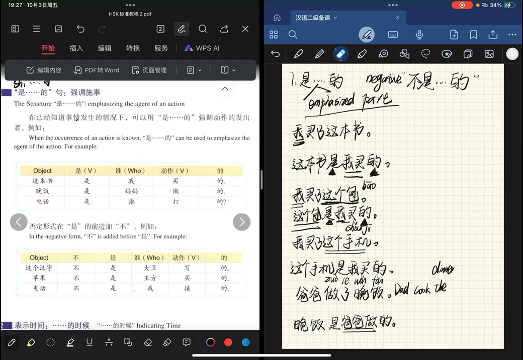For the first one, 这本书是我买的。I can add the 不 to turn this sentence to the negative sentence. 这本书不是我买的。Okay, and for this one, 这个包是我买的。The negative form.